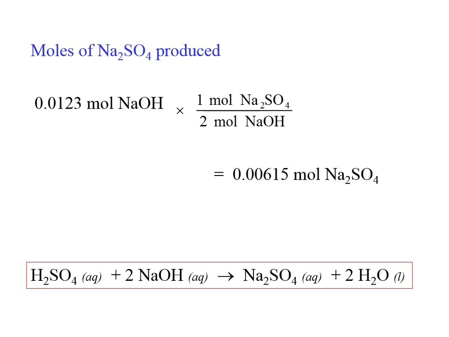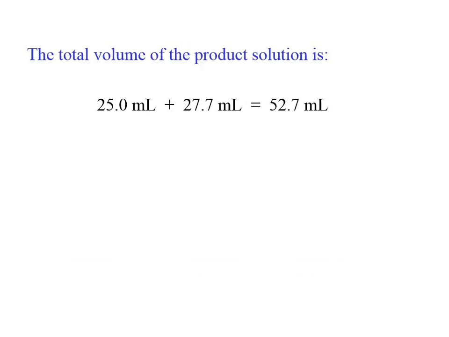We're going to divide that by the solution volume. So like I said, if there is a catch, it's this: you need to realize that on your product side, you're going to have the volume of both of your reactants. So 52.7 is actually the sum of 25.0 milliliters plus 27.7 milliliters. That's what's going to go in our denominator.